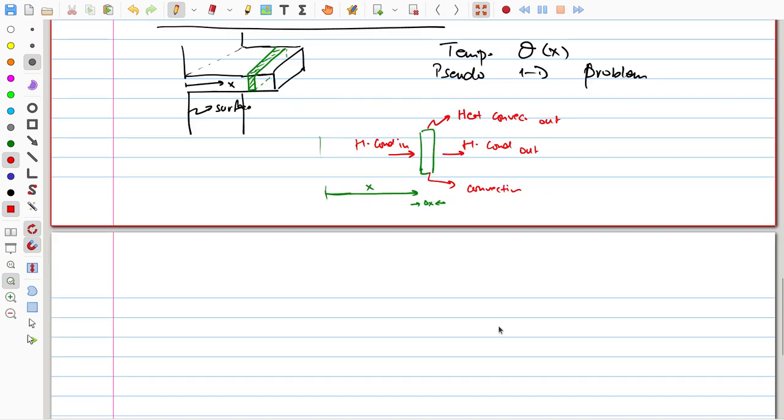So once we have an understanding of the physical phenomena that's happening here, now we need to know some laws associated with conduction and convection. How do I quantify the heat getting conducted in and conducted out and convected out? Well, you already know those laws. I'm sure for convection you remember Newton's law of cooling.